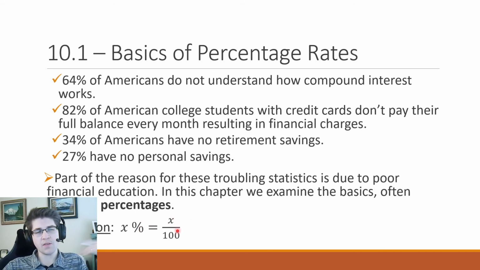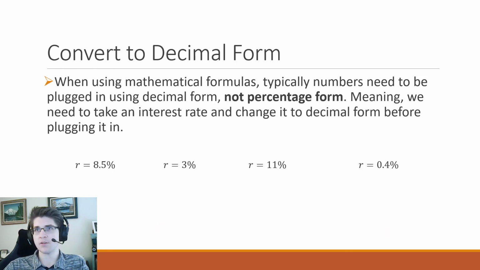One thing you could think about is, mathematically speaking, a percentage number is not like a base number. When you use a percentage number in a mathematical formula, typically you need to make sure it is plugged in not in its percentage form, but in its decimal form. Basically, as you probably remember, we need to move the decimal place twice to put it in decimal form. Or in a calculator, you could take the raw percentage number and just divide it by 100, which would be fine.